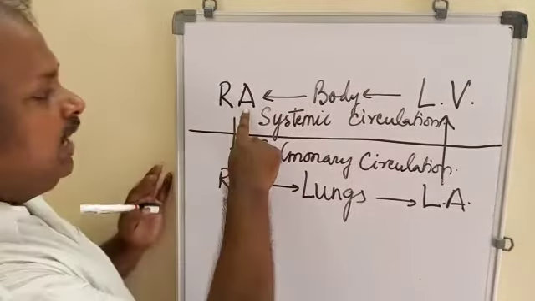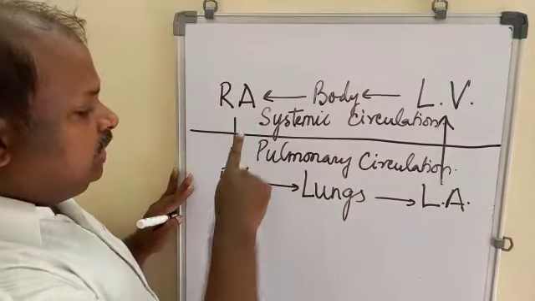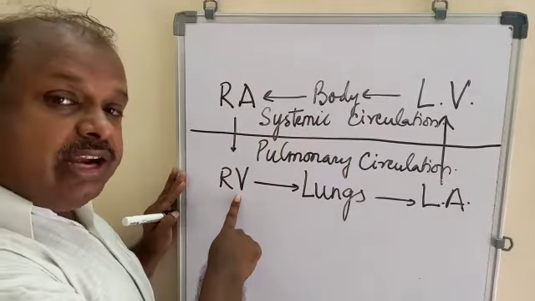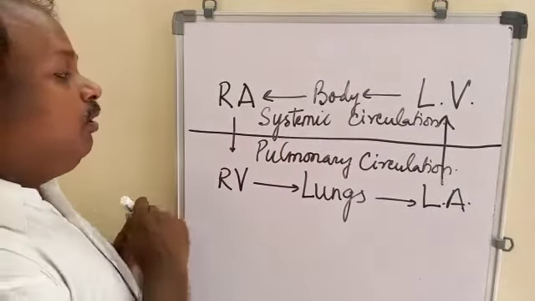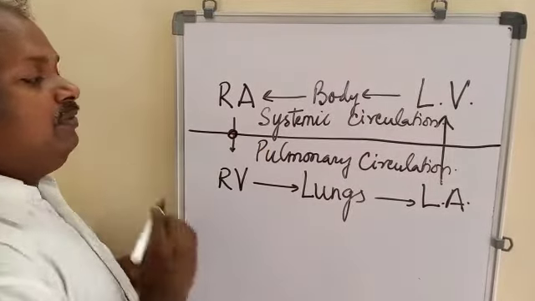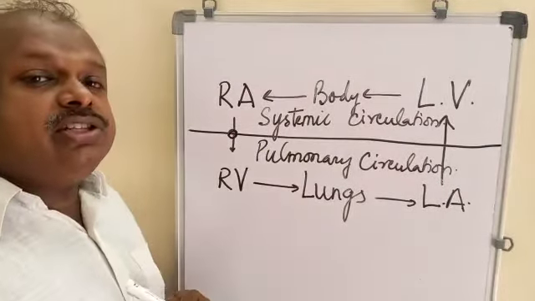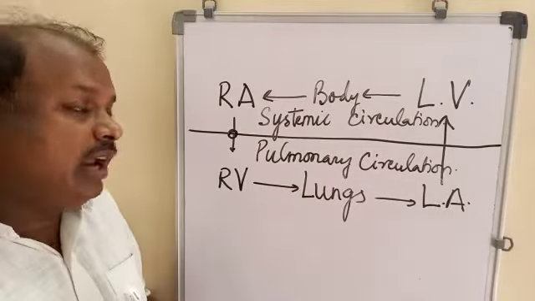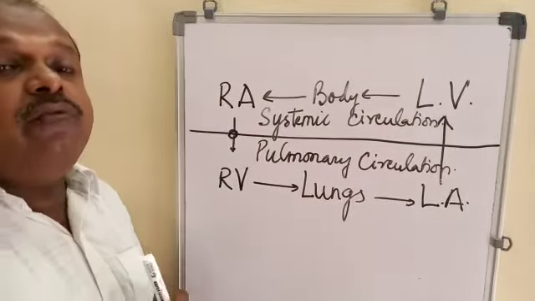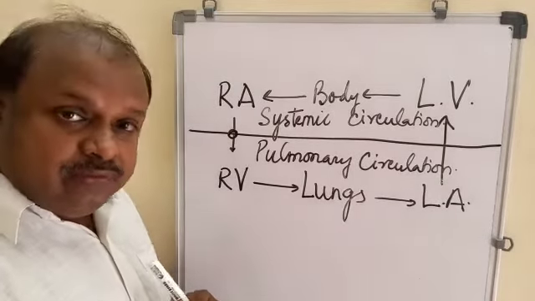See, from the right auricle, the deoxygenated blood reaches the right ventricle with the help of the tricuspid valve.